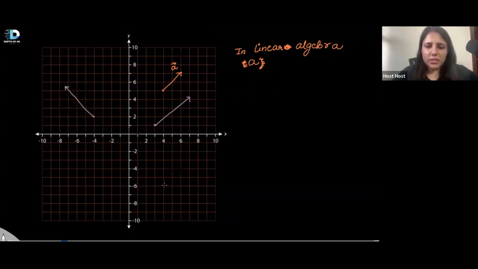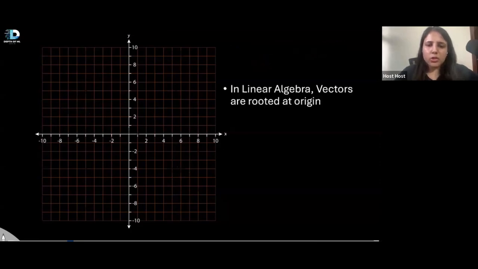But there is a difference when we come to vectors in linear algebra. So in linear algebra, vectors are always origin rooted. And when I say origin rooted, first of all, what is the origin? In a 2D space, where there are two coordinates, this is coordinate 1, which is the x-axis, and this is coordinate 2, which is the y-axis. We have 2 points representing the origin, which is 0, 0.